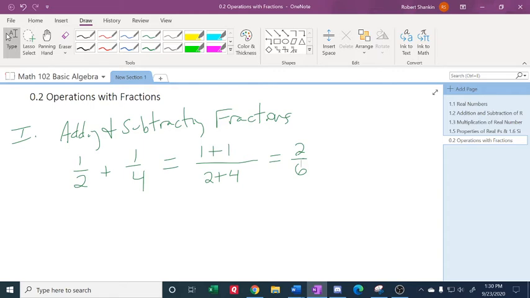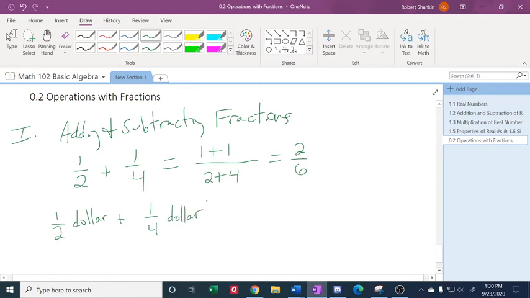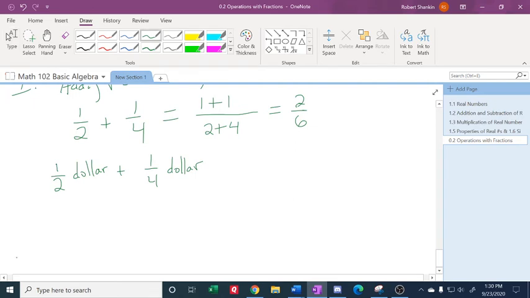Now, we do this, but then we wind up having these situations. The next day, we get a text from a kid who said, all right, I have 1/2 of a dollar plus 1/4 of a dollar. And the kid says, I know that this is 50 cents and this is 25 cents.